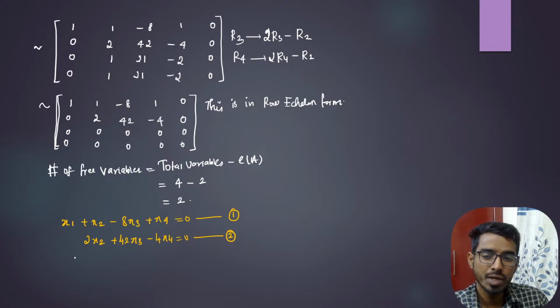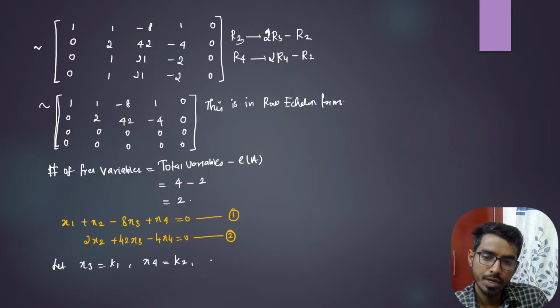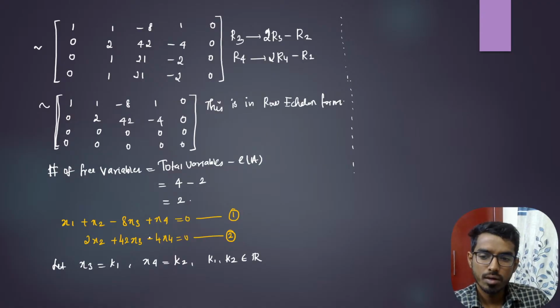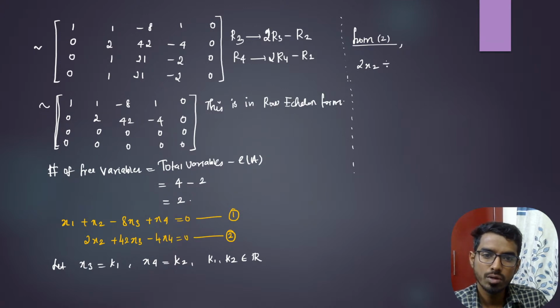Let us assume we have two free variables, so let us assume x3 to be equal to k1, x4 to be equal to k2, and this k1 and k2 belong to the real numbers. We can assume anything for those two free variables. Now from 2 we can find the solutions of the other two. 2x2 plus 42x3 minus 4x4 equal to 0.